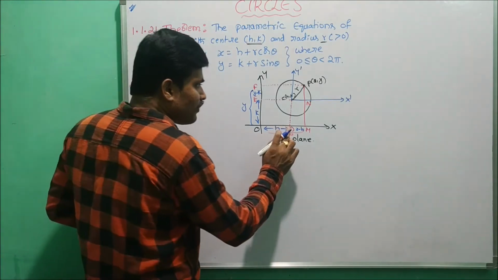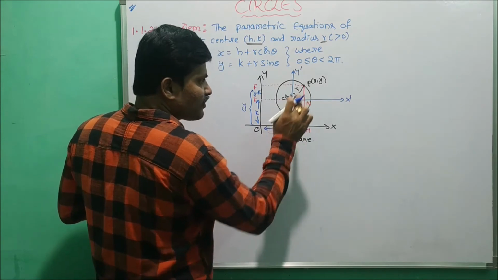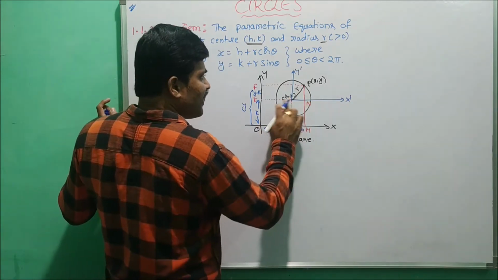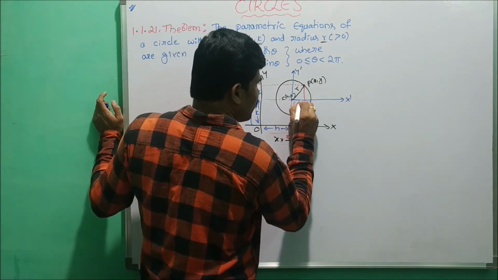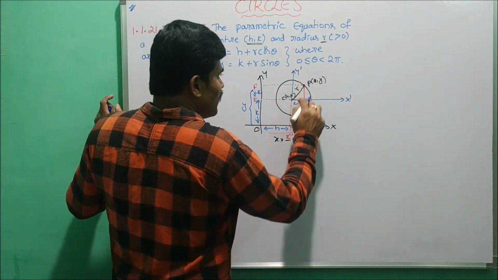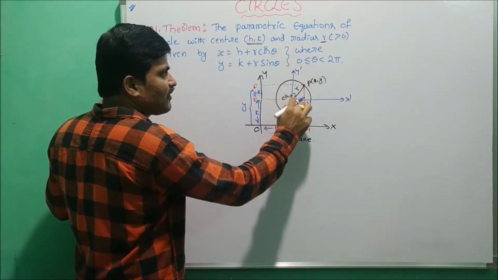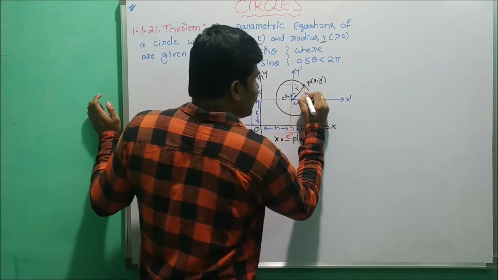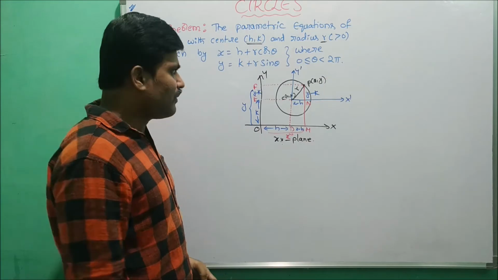Clearly DM is always equal to CN because CX dash is parallel to OX. So the value is x minus h. At the same time, PN is equal to EF. That is y minus k.